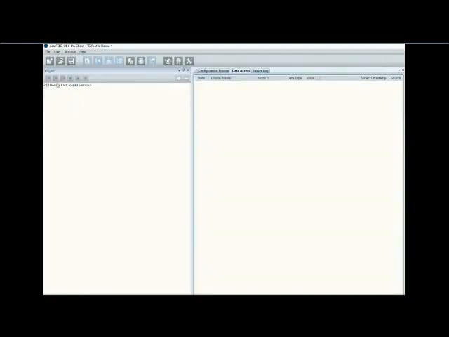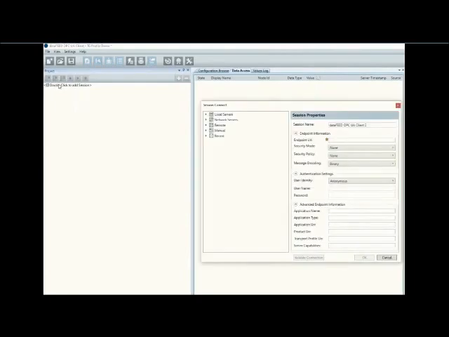Yeah, there it is. So this is the Data Feed OPC UA client that I'm using. And the first thing I did was create a session, which is why that box popped up on the right-hand side. And in that box, I need to tell it what is the OPC UA server that I'm trying to connect to. So that's referred to as an endpoint URL.